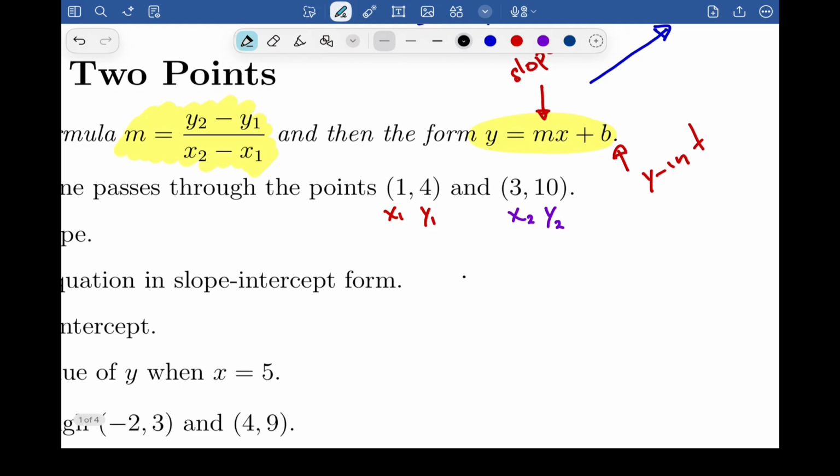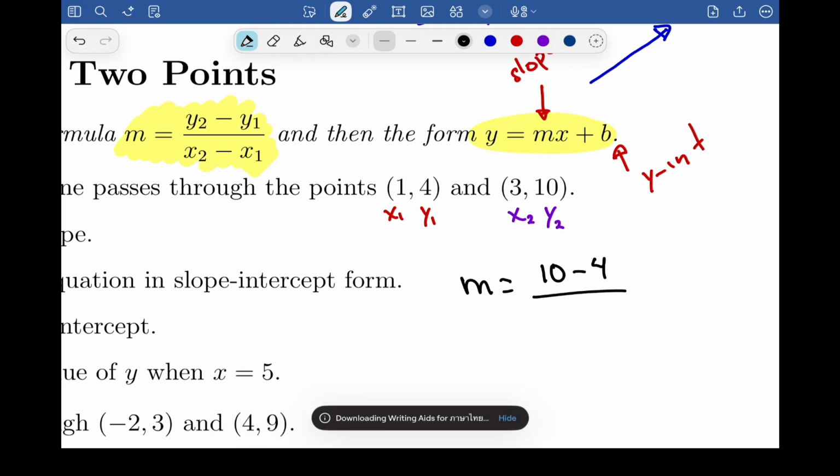If we have to find the slope, the slope is y2. What is y2? This number is y2. So we have 10 minus y1, in this case 4, divided by x2 minus x1. So x2 is 3 minus 1. We need to be careful with the signs.